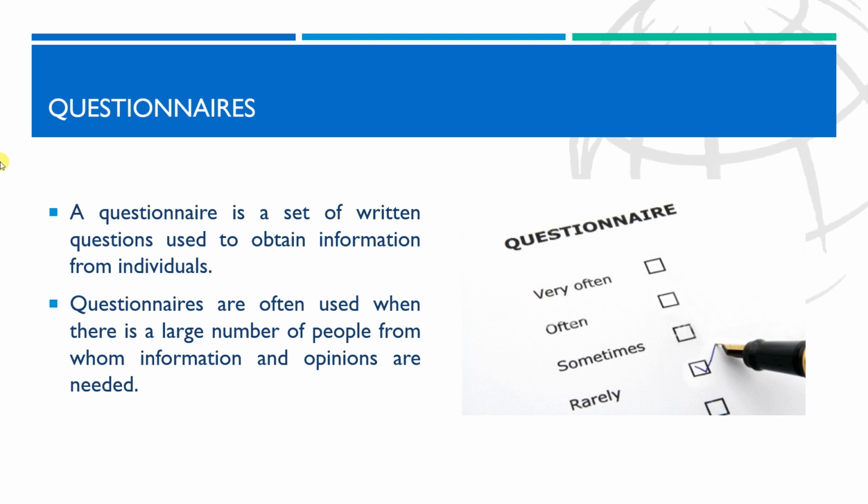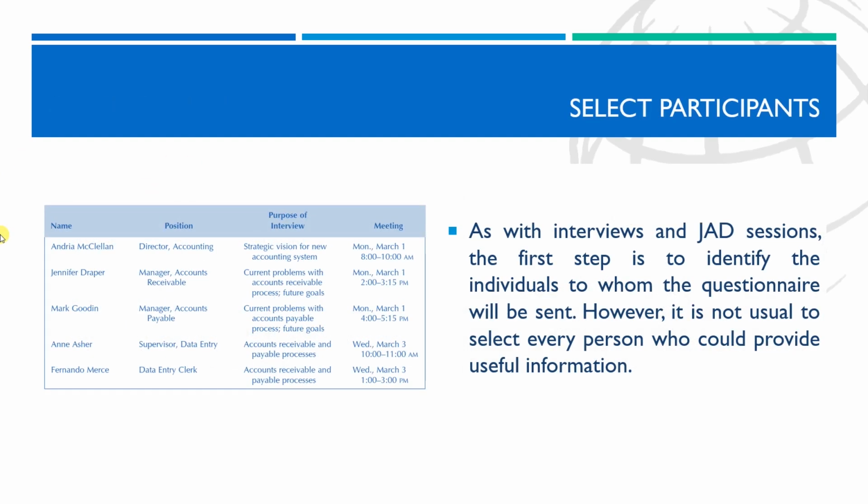A good process to use when using questionnaires follows four steps. The first step is to select participants. As with the interviews and JAD sessions, the first step is to identify the individuals to whom the questionnaire will be sent. However, it's not usual to select every person who could provide useful information.